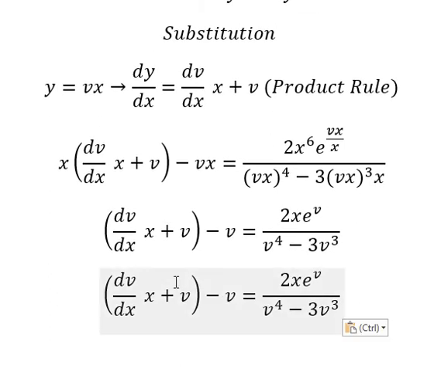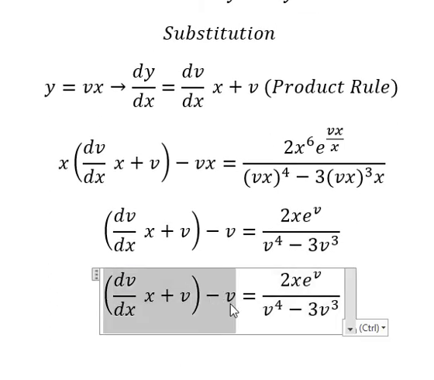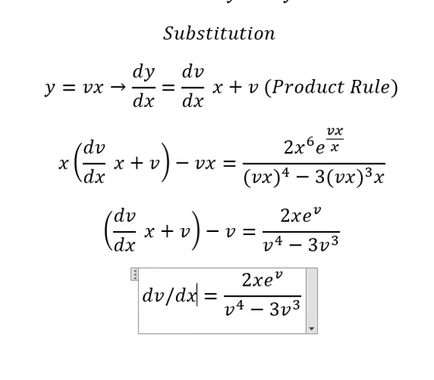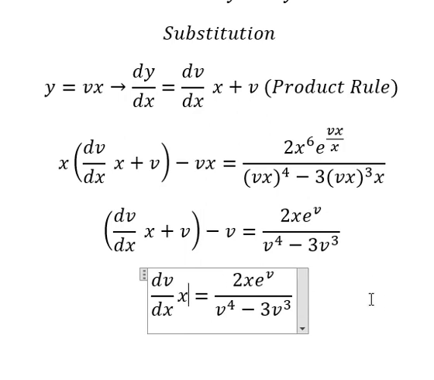So v minus v we cancel. Next, s and s we cancel again.